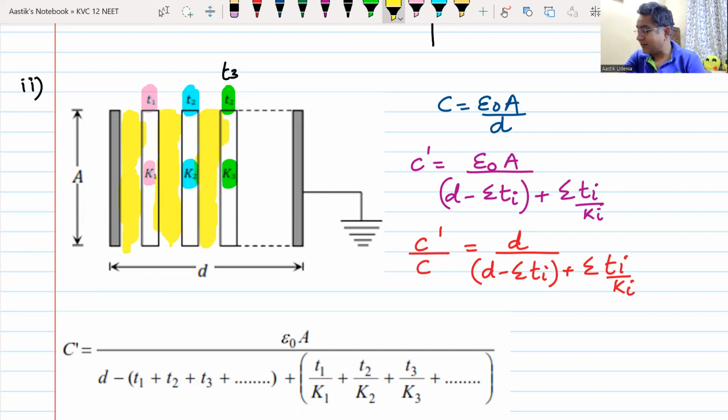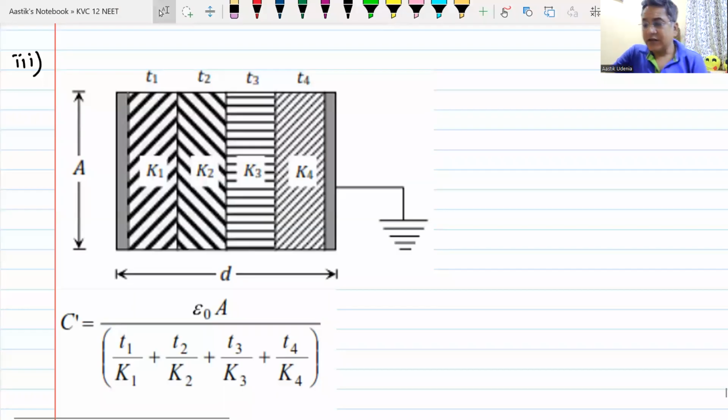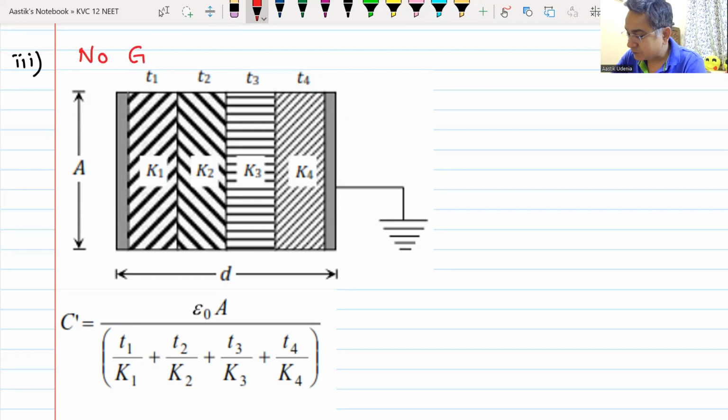But if you look at this combination where I have 4 dielectrics, it is completely filling up the space, not with one same dielectric, but with different dielectrics, which have different dielectric constants, different thickness, and there is no air gap. There is no gap, no air, no vacuum. Do we understand this?